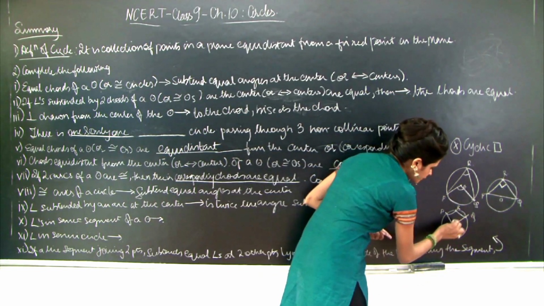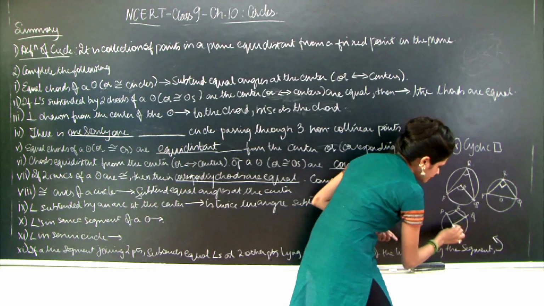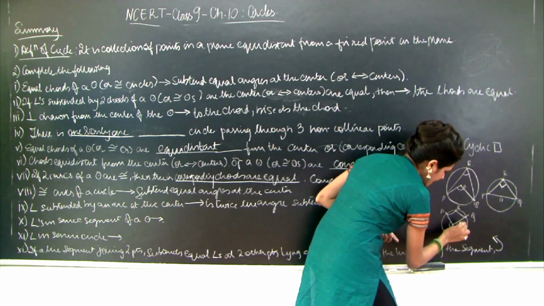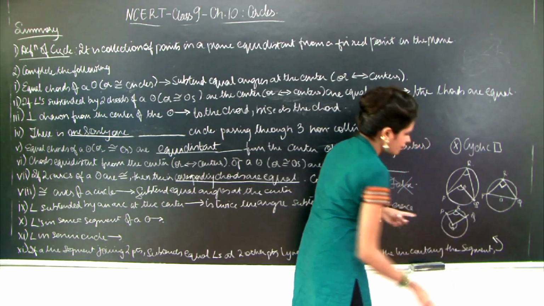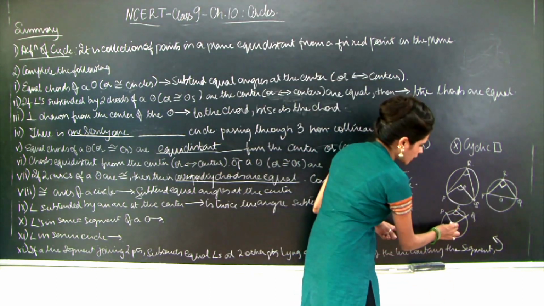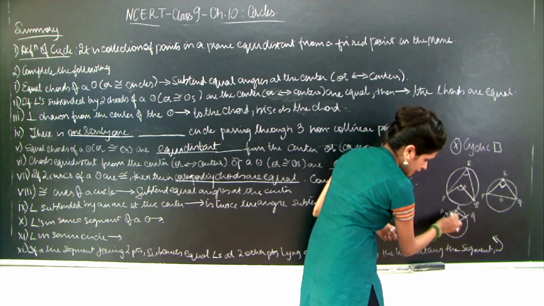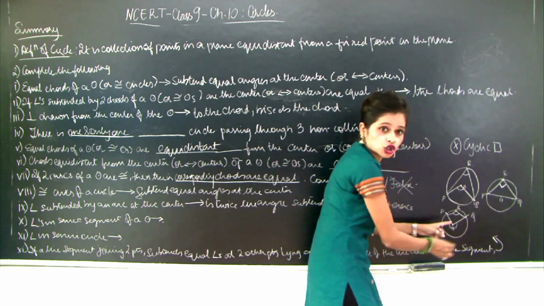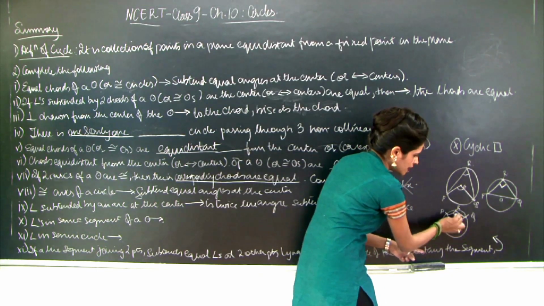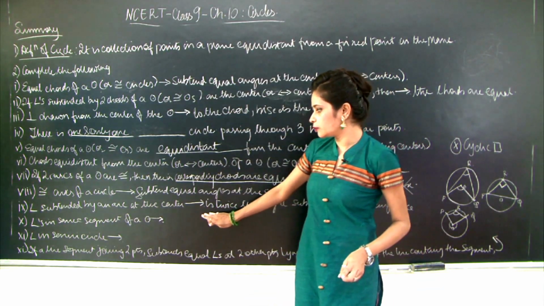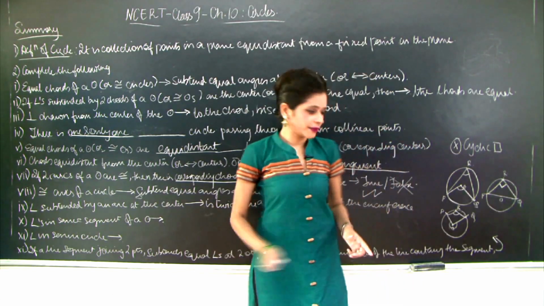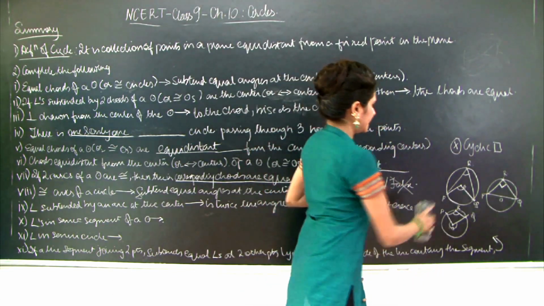So the reflex of angle POQ, which is this angle, is equal to twice angle PRQ. This is a very important one. Please go through the theorem and the sums related to it.